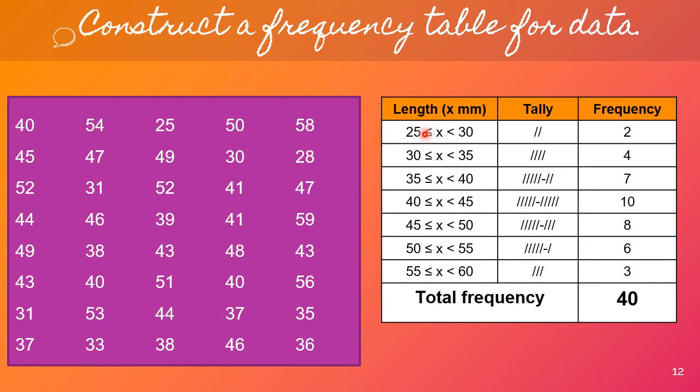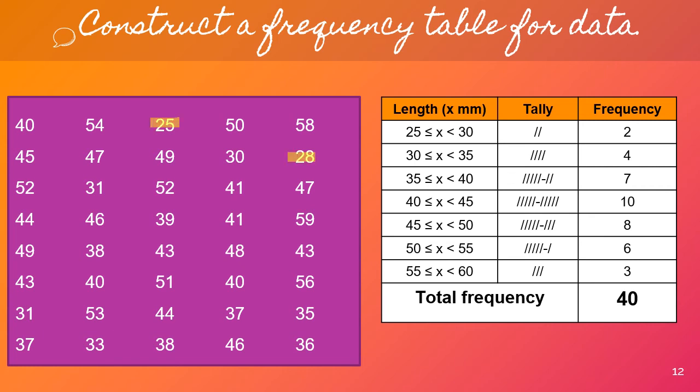Okay, so for greater than or equal to 25 but less than 30, we have 2, which are 25 and 28.